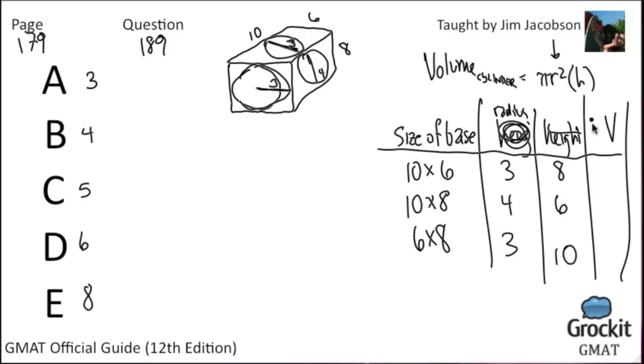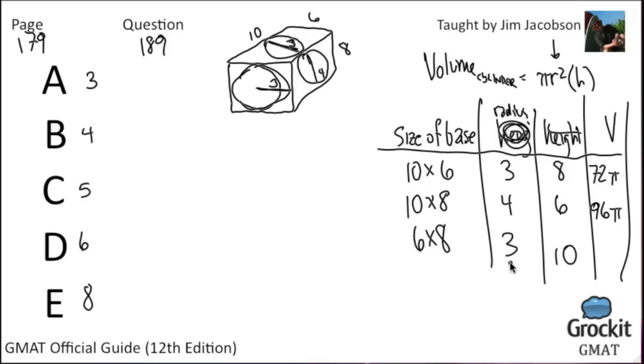The volume is pi r squared h, so this one is 3 squared, which is 9, times 8, which is 72, 72 pi. This one is 4 squared, which is 16, times 6, which gives us 96 pi.